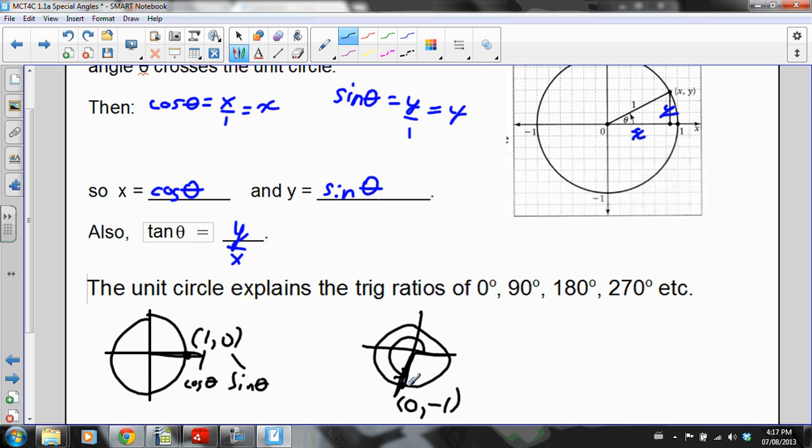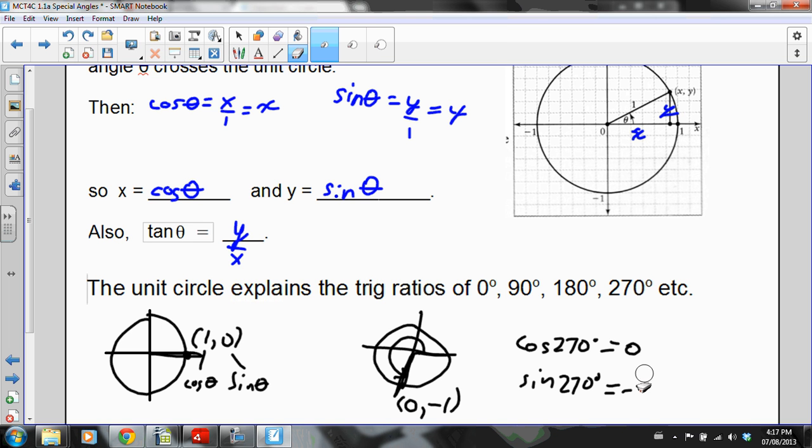And now I can see the cos of 270. Cos is x, the x-coordinate's 0. And the sine of 270 is negative 1. Go ahead, you can check that on your calculator. Let's move on.